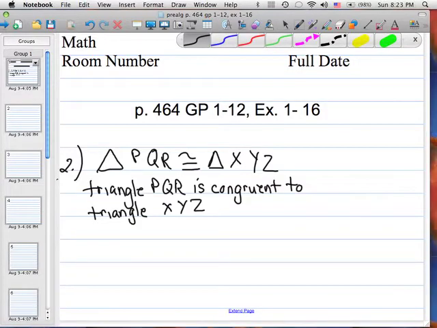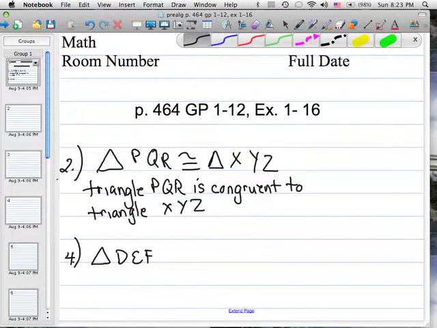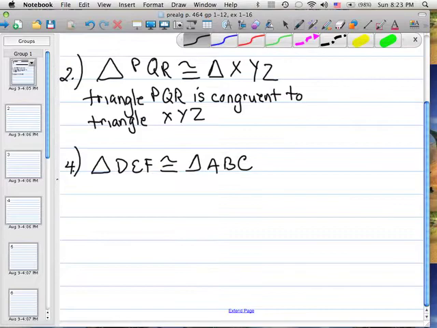In problems 3 through 6 in the guided practice, you use the figure at the right. Suppose you're given the information that triangle DEF is congruent to triangle ABC. Number 4, which angle of triangle DEF would have 2 marks?